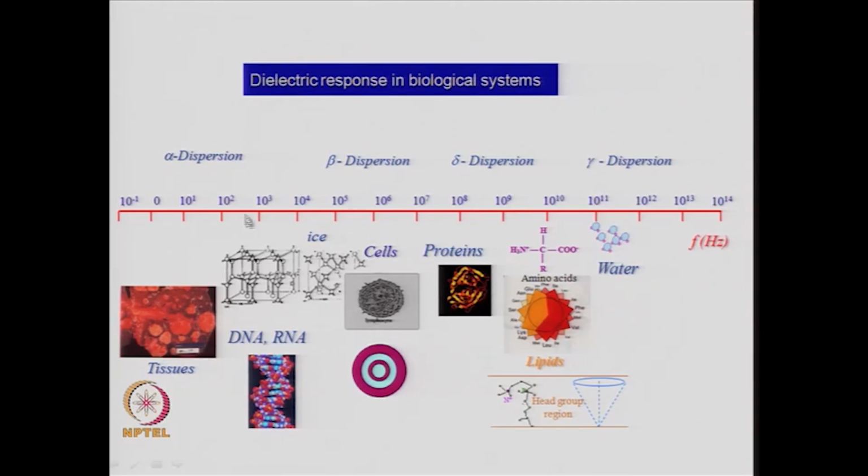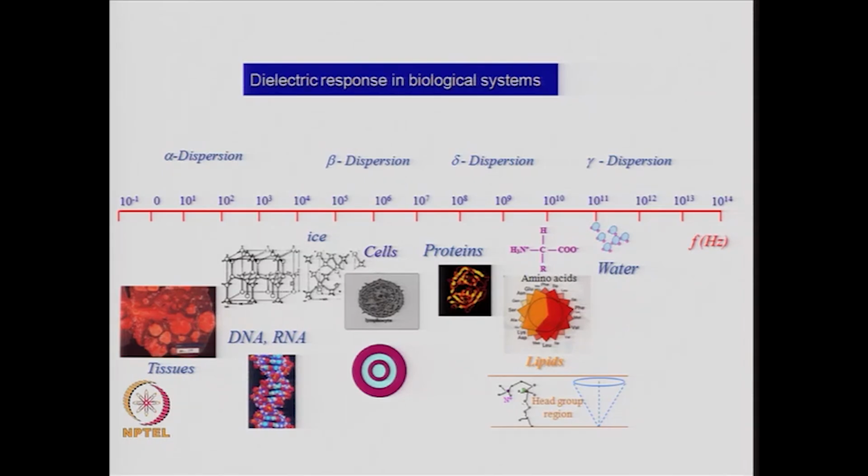If it does not, for example, if you are working with DNA, RNA or tissues, the polarization is not fast enough to follow the change in the electric field. So, the frequency you have to apply is very low, then only you can see the dispersion, and that is called the alpha dispersion.